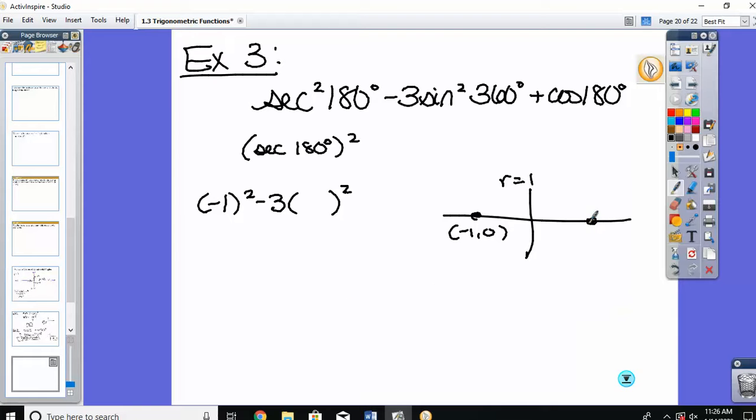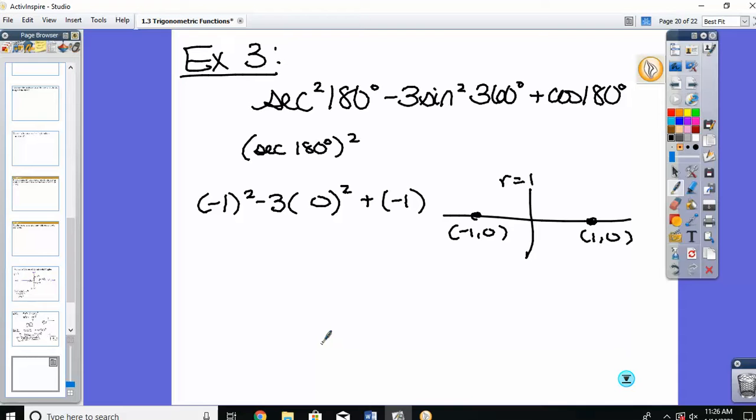So 360 is at 0, so this is the point 1, 0. Sine is y over r, so sine of 360 is 0. Plus cosine of 180. So at 180, cosine is x over r, so negative 1 over 1 is negative 1.